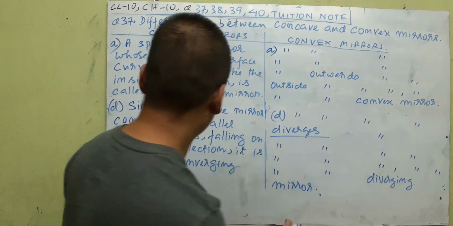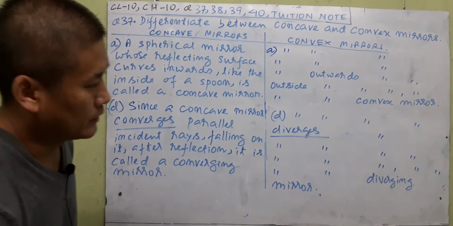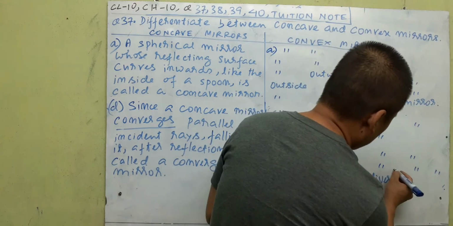Hyphen means you can check the word same this side, okay? So here, this is comma after this, okay?